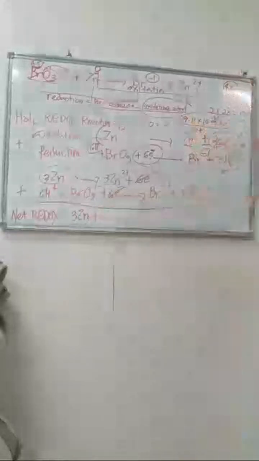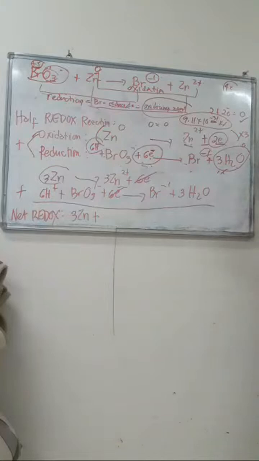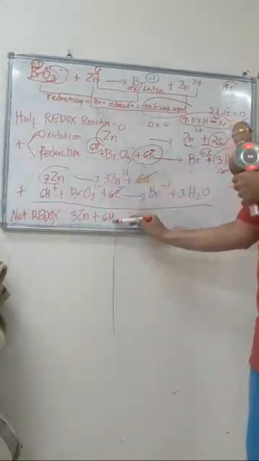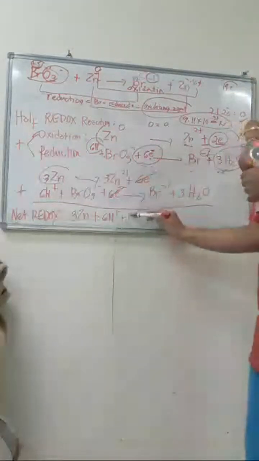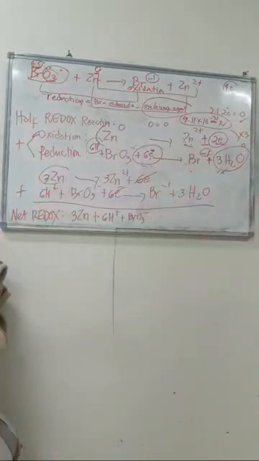Now the technique here: copy all the reactants in the same position and copy all the products on the same side. So 3 zinc plus 6H plus bromate. Is there anything else in the reactants?